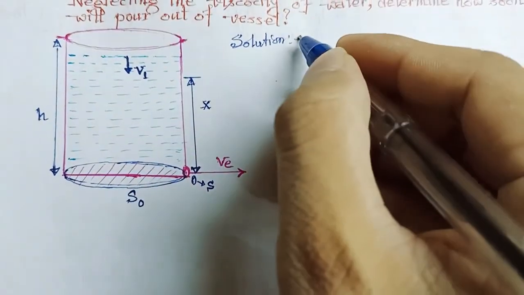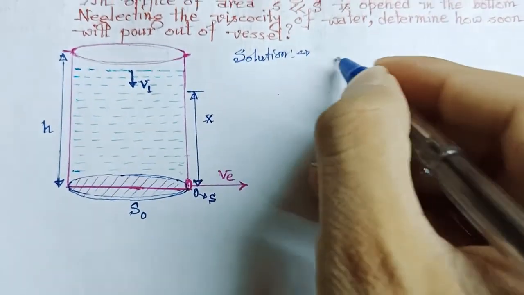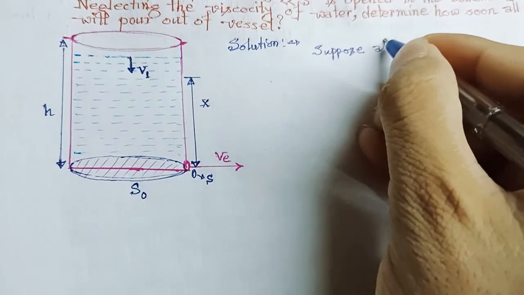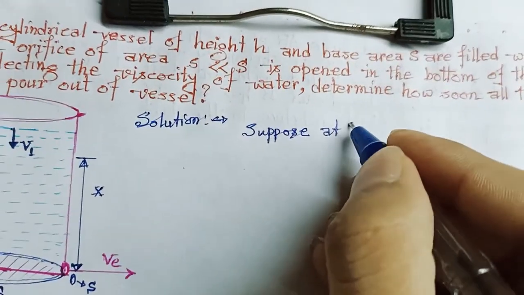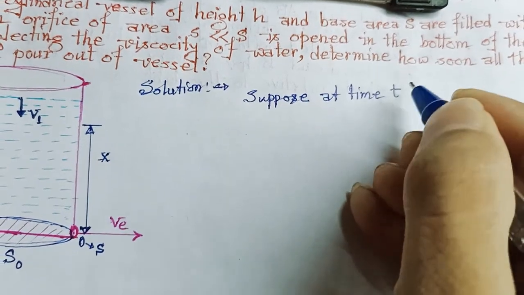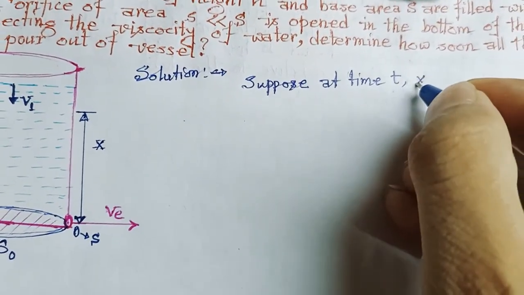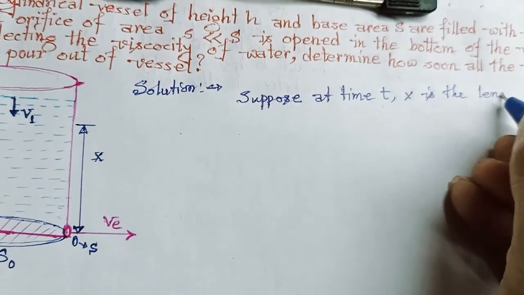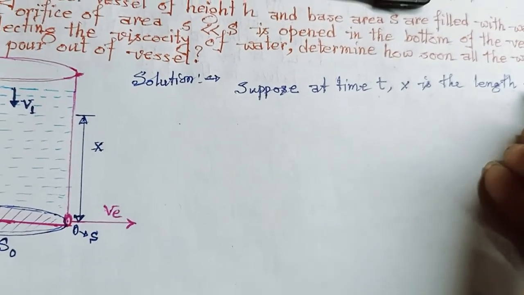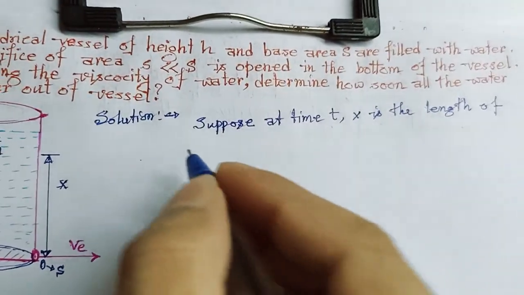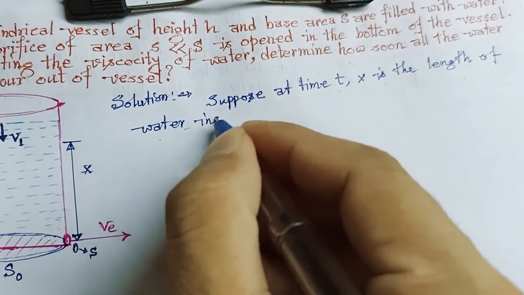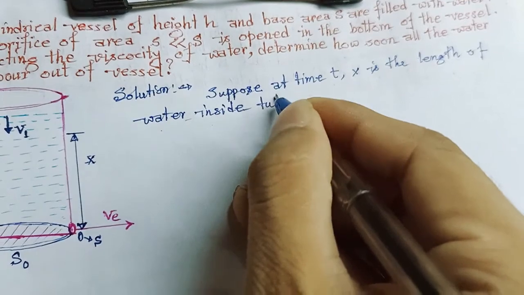So velocity of water inside the tube, suppose at time t x is the length of water inside the tube.